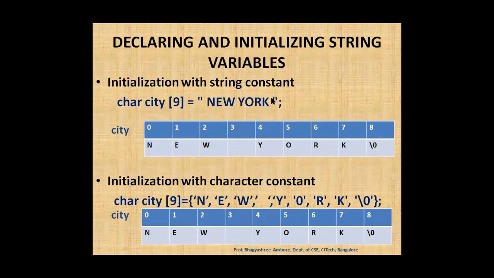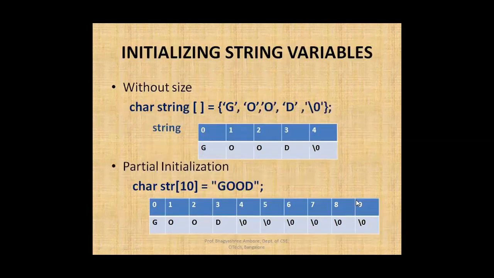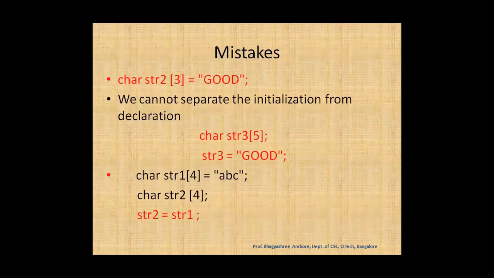In a string constant, we are not writing the null character; automatically the compiler will write it. In this case, we have to write the null character to tell the compiler this is the end of my character array constant. Now, without size, it will count the size and fix it. In a partial initialization, whatever characters you have given will be filled, and later everything will be filled with a null character.